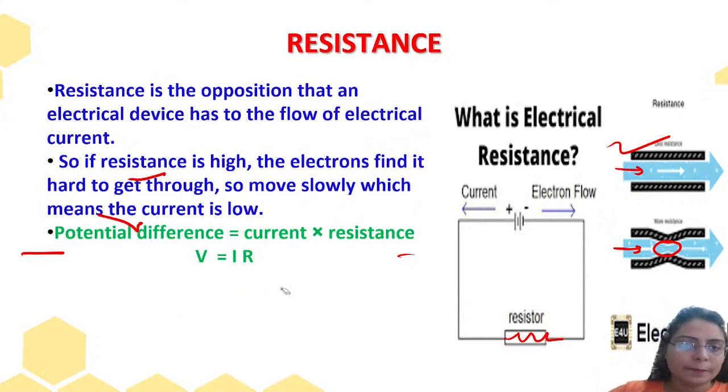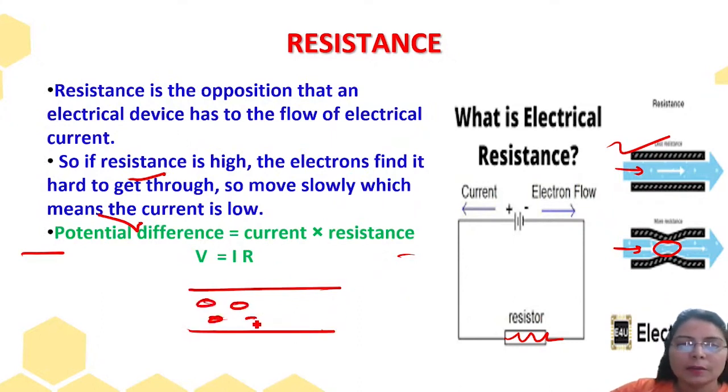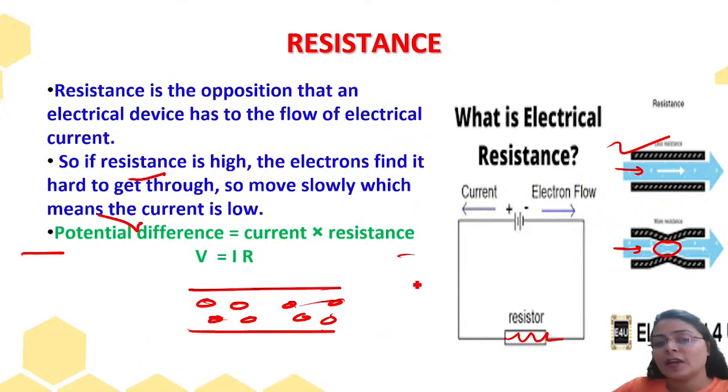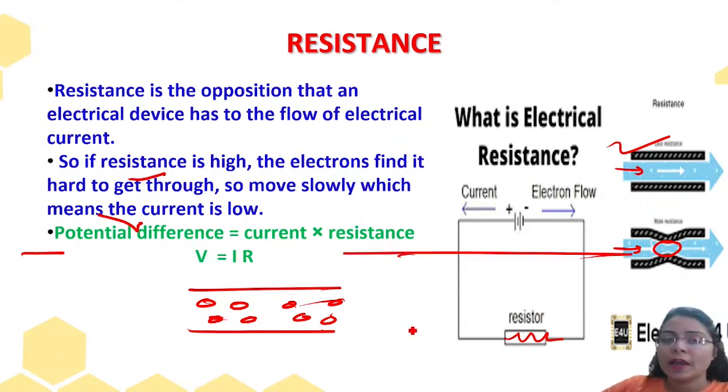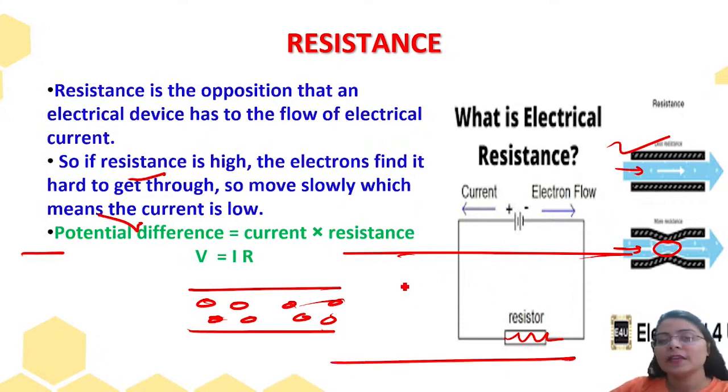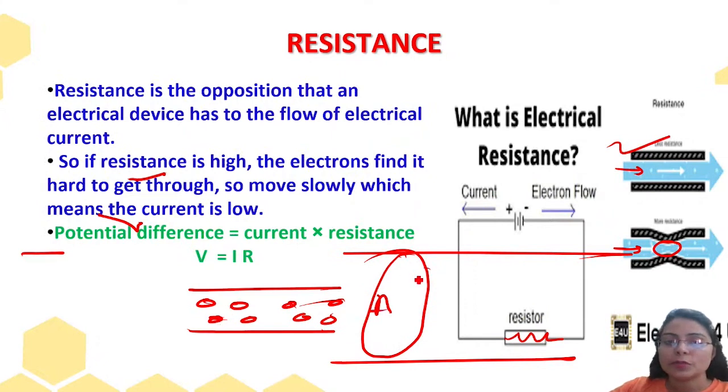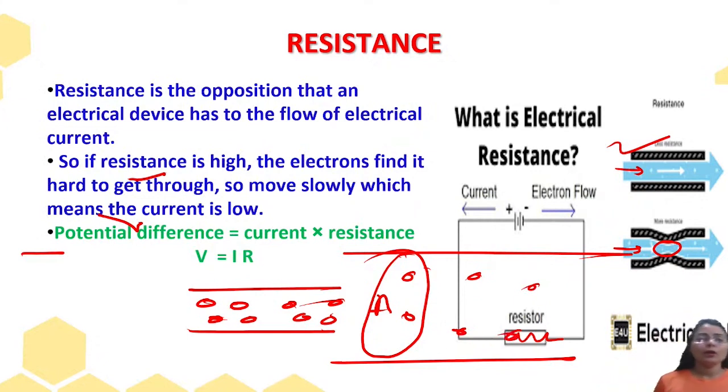If I say this is the path from where electrons are passed, and by chance I have increased its area of cross section, still there are electrons like this. So can you tell me what will be the effect on the resistance of the wire when its area is increased?